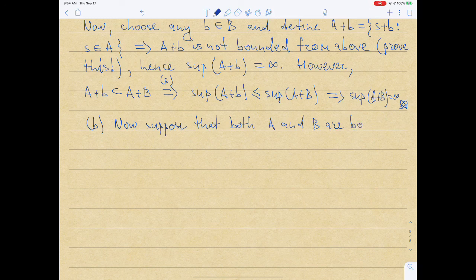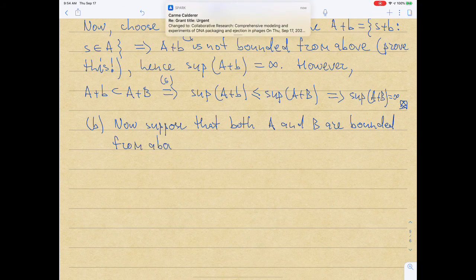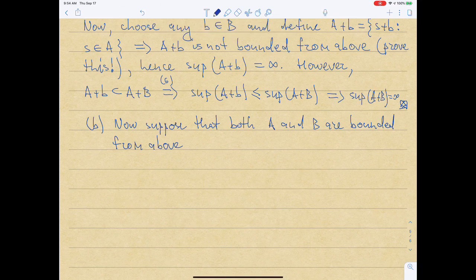And again, bounded from above. Okay, so then by the completeness axiom, the supremum of A and the supremum of B are finite numbers.